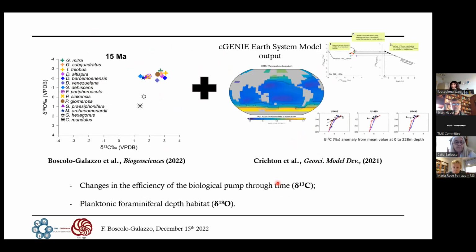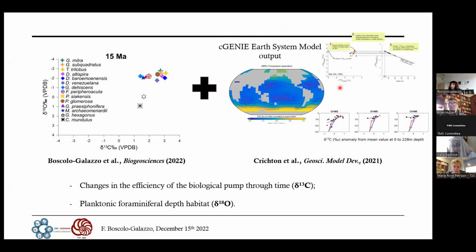Okay, so once we got our foraminiferal oxygen and carbon stable isotope data, what we did was matching the data with oxygen and carbon stable isotope profiles from an Earth system model of intermediate complexity, GENIE. And each of these profiles was obtained for a site or area specific and time specific configuration and boundary condition.